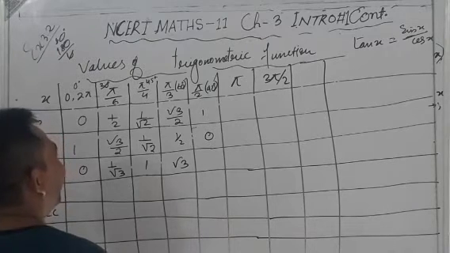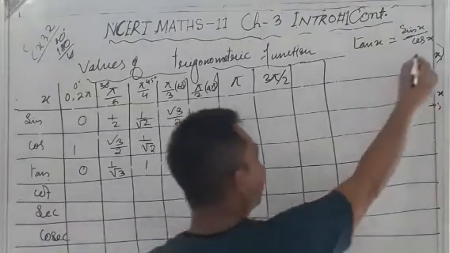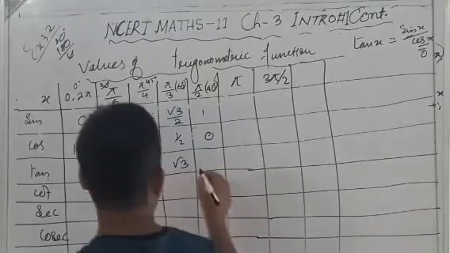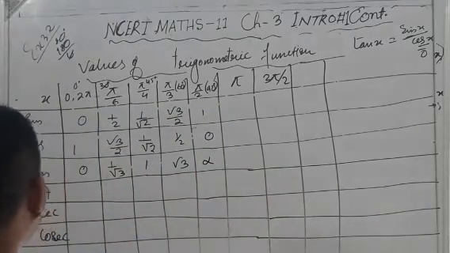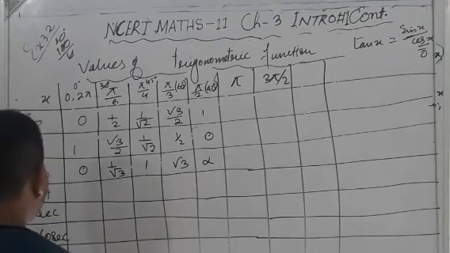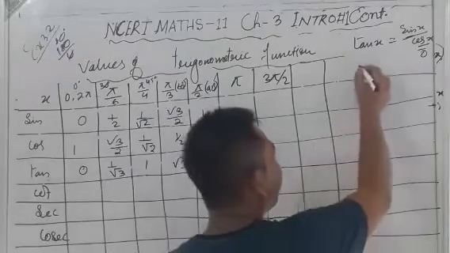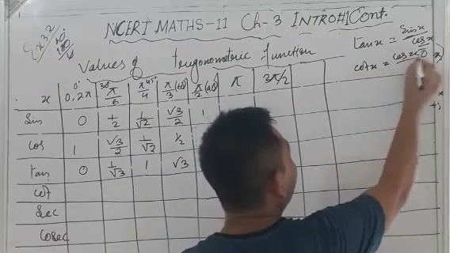And then here, see, sin by cos. Yes or no? Sin by cos. So anything upon 0, okay, cannot be defined. So it will be not defined. Likewise, cot is just the reverse of that. Cot x equals cos x by sin x.